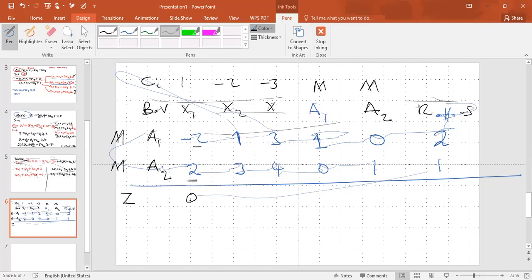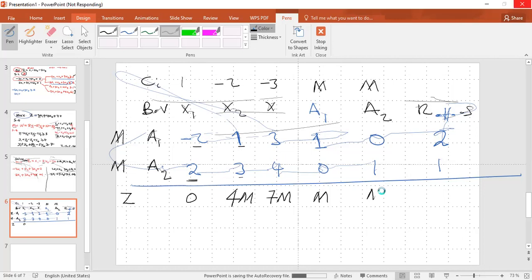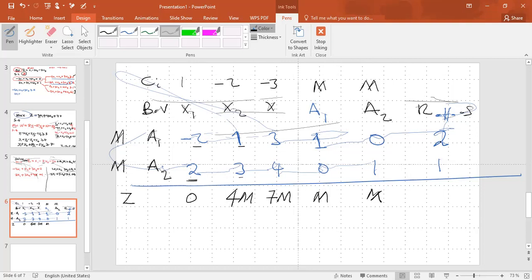So the first is 0 M. Then here 1 plus 3 is 4, so it will be 4 M, because all of them are multiplied by M. Then here 3 plus 4, 7 M. Then 1 plus 0, M. Then 0 plus 1, M. Then on the right hand side 2 plus 1, 3 M.